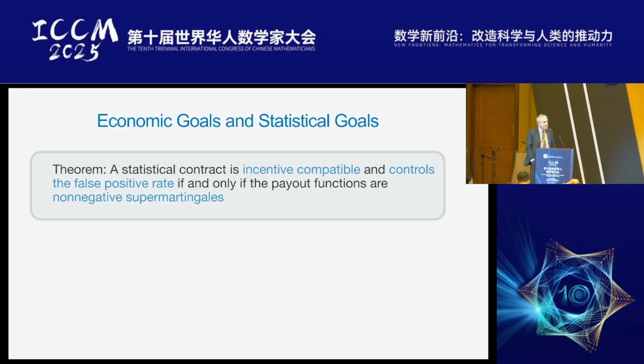We have a theorem which says that a statistical contract is incentive compatible, that's the economics, and controls the false positive rate, that's the statistics, if and only if that menu of payout functions are all non-negative super martingales. Where is that coming from? Super martingales are stochastic processes that want to drift down.